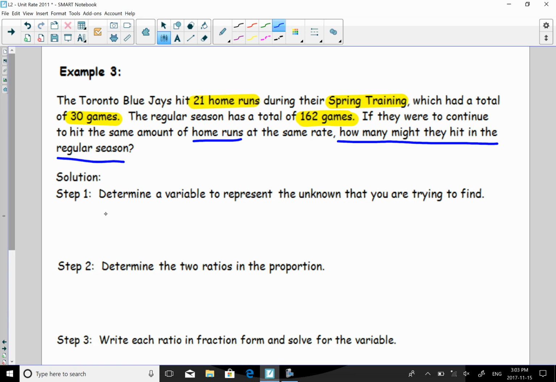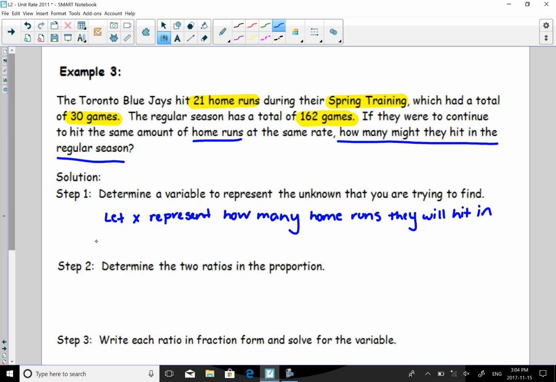So we're going to let x represent the variable we don't know, which is how many home runs they will hit in the regular season.